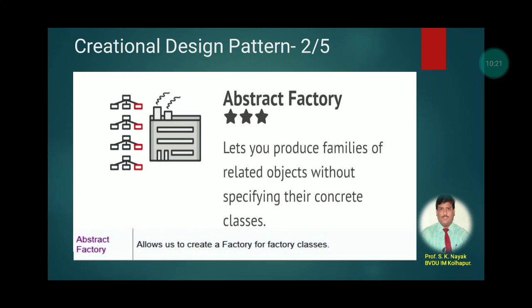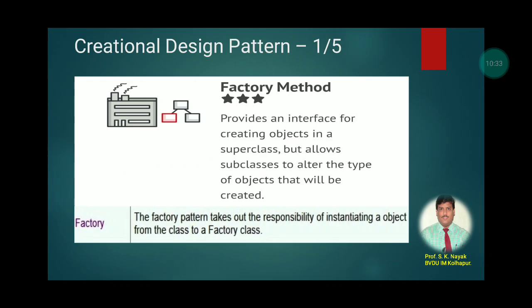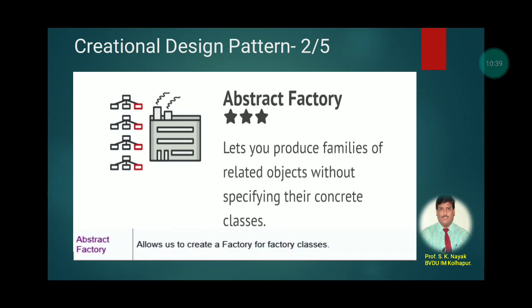Now for the abstract factory method, you can see the image here. Previously we had the first factory, see here the factory, then we are instantiating the object. Now in this particular abstract factory, on the left side you will have different kinds of objects and classes, and next we are making a factory.